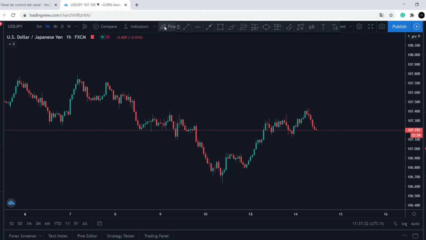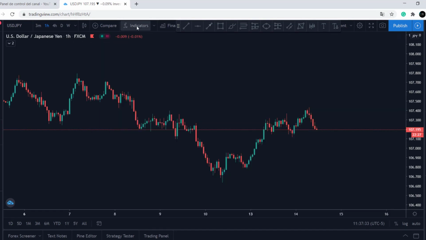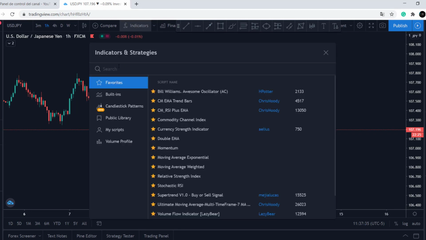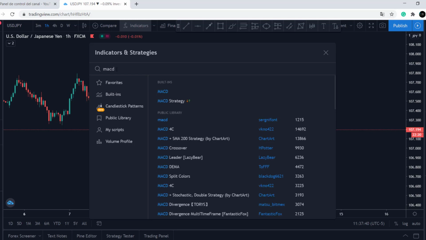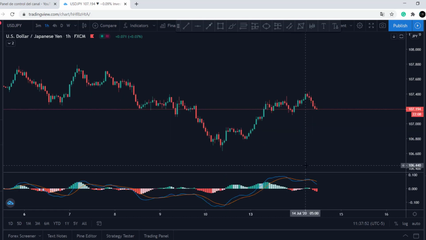So we are going to go to this section, indicators, click on it, and we are going to find this indicator. Just MACD. Here we have MACD. I actually want to put it in active favorites. So we just click it, and the indicator is going to appear at the bottom. I didn't click it because I have it already installed.